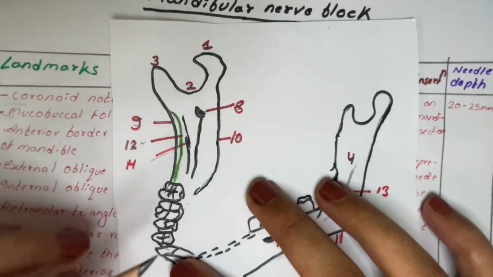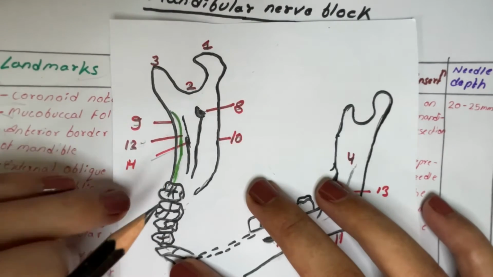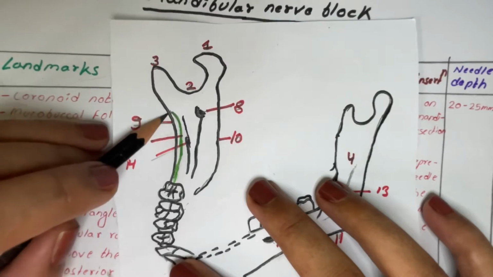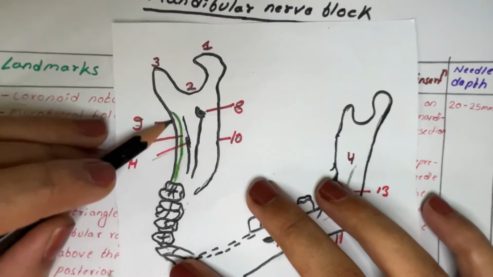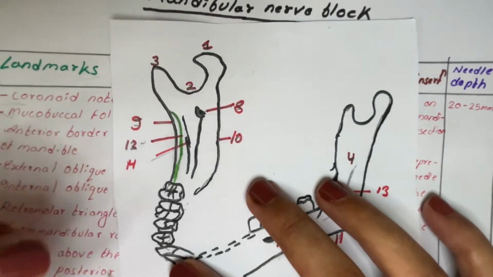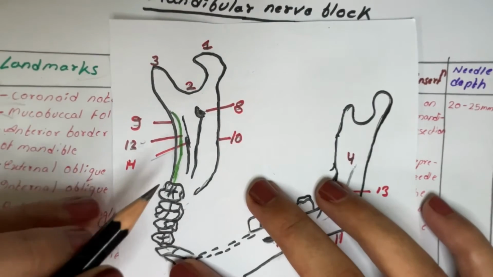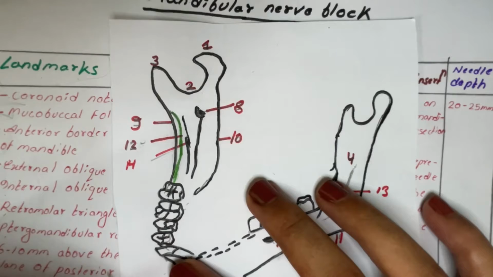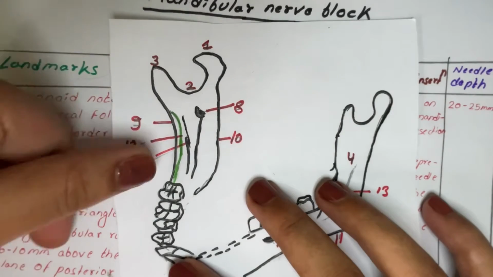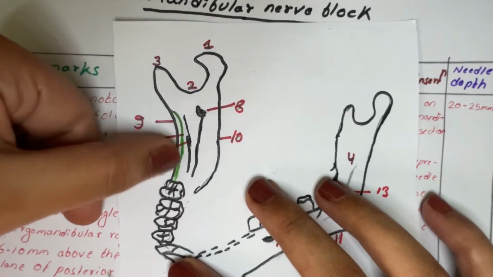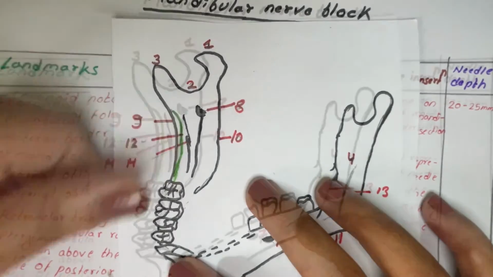It is always present just beside the anterior border of the ramus of the mandible. While giving the inferior alveolar nerve block, we ask patients to open the mouth wide, and then we can feel this notch with our thumb finger.